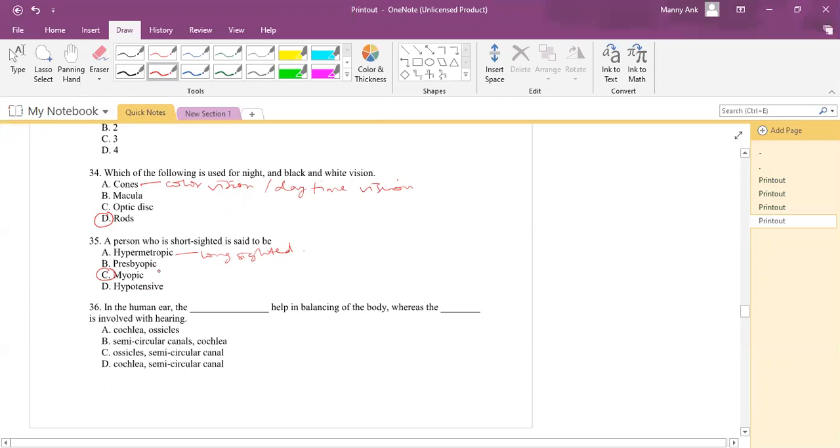Then presbyopic is a condition that affects older people. Hypotensive has to do with blood pressure. Okay, with older people, presbyopic, their lens becomes affected.